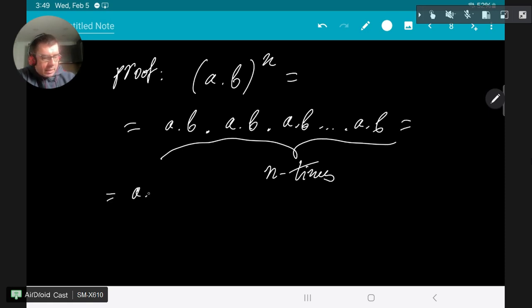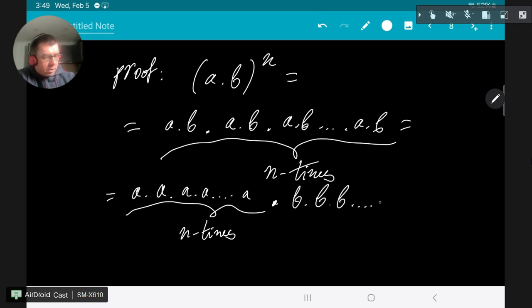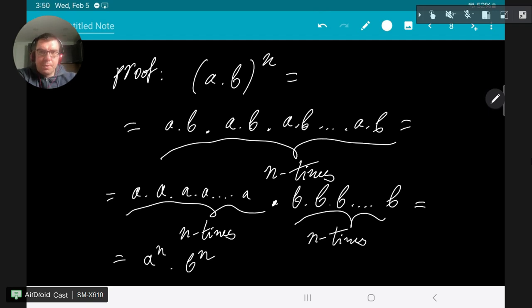So this is a times a times a times a times a, n times, and then I start multiplying by the b factors, b times b times b and so on, b n times, which is obviously the same as a to the power of n times b to the power of n. Okay.